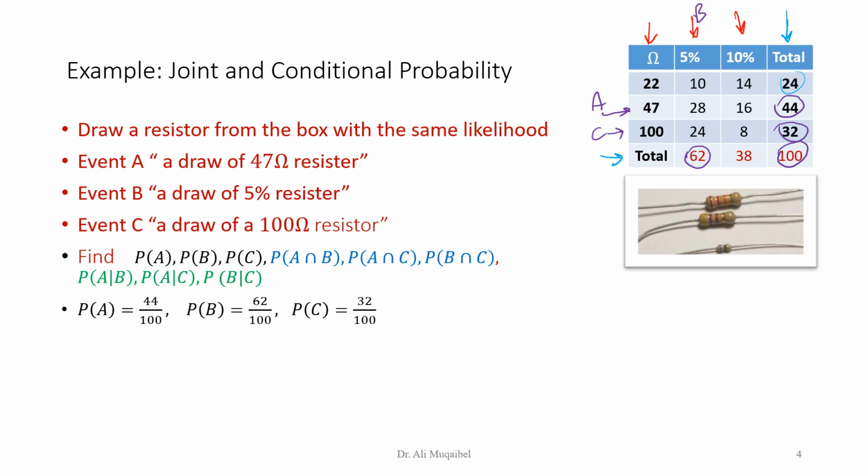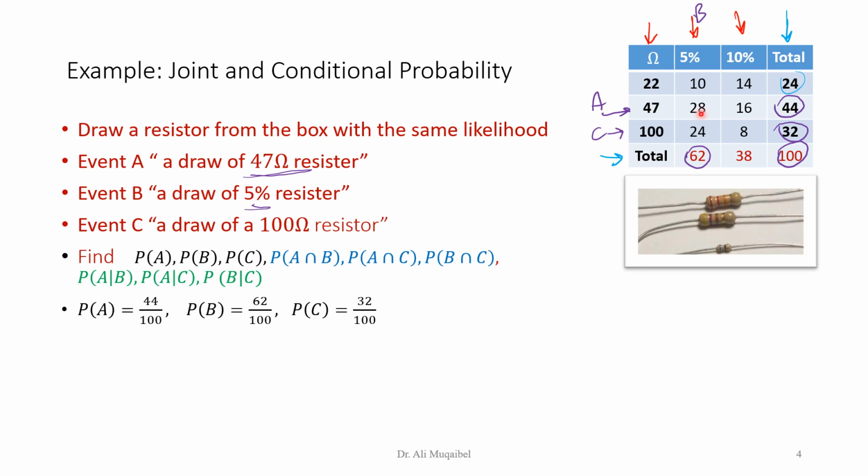Now we go to the second part, which is the probability of the intersection. We have A intersection with B. It is a 47 ohm, and it's a 5%. This is clearly seen here. We can highlight this.